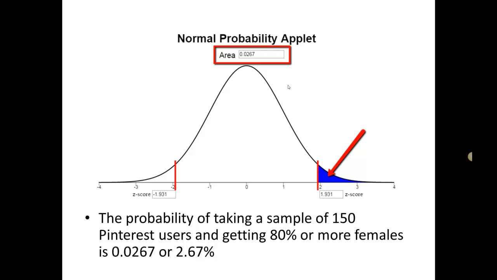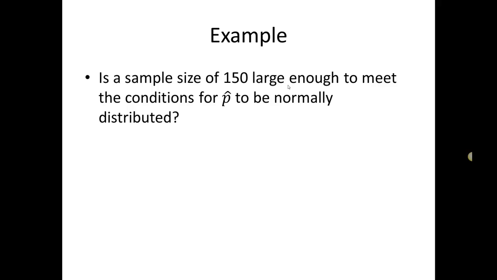Now, of course, before we can say that this conclusion is valid, we need to check our conditions. Is a sample size of 150 large enough to meet the conditions for p hat to be considered normally distributed? For that to be the case, remember we had to have n times p greater than or equal to 10. In this case, I'd take 150 times 0.73, which equals 109.5, definitely bigger than 10, so we meet that portion.